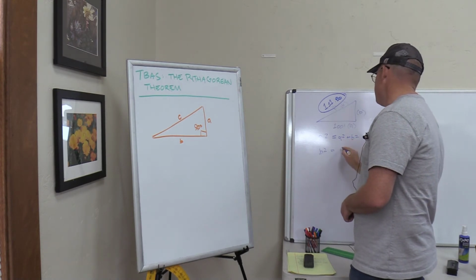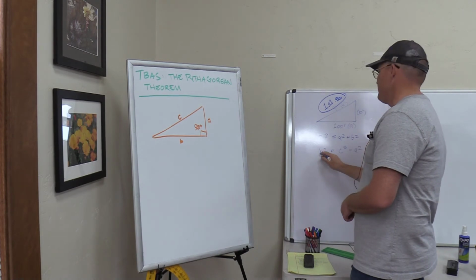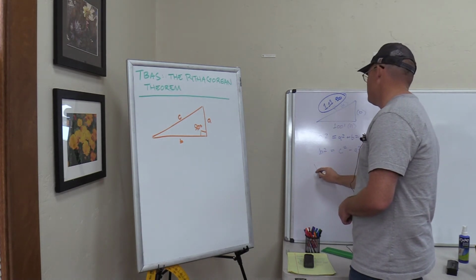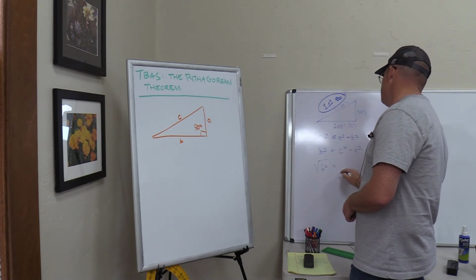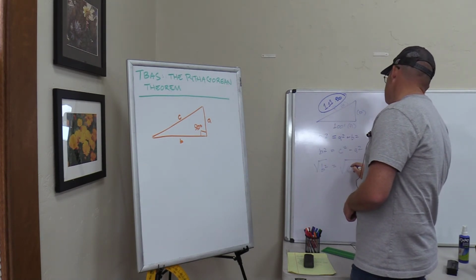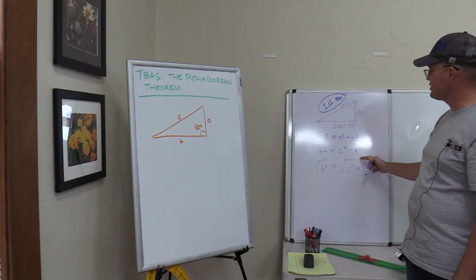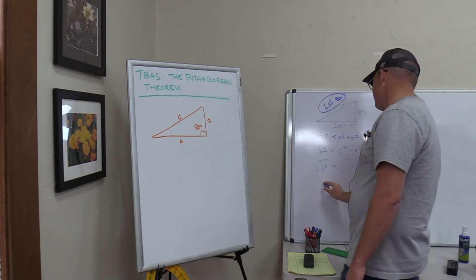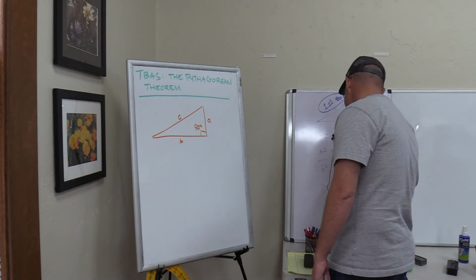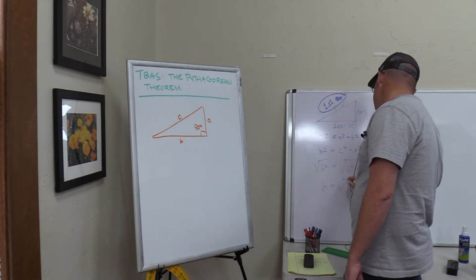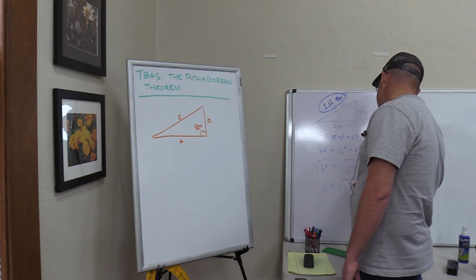We got to subtract a squared, so b squared equals c squared minus a squared. But we don't want b squared, we want just b, so the square root of b squared is equal to the square root of c squared minus a squared. Notice I have all this under the square root sign, so you got to do this math first. If we simplify, that's going to give us b equals the square root of c squared minus a squared.